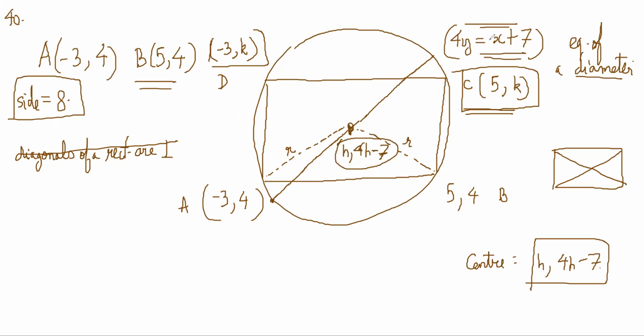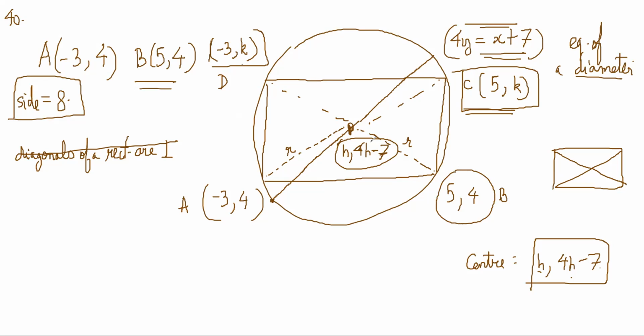So we have two variables, h and k, and four distances, all the distances are the same. So it is totally solvable now.